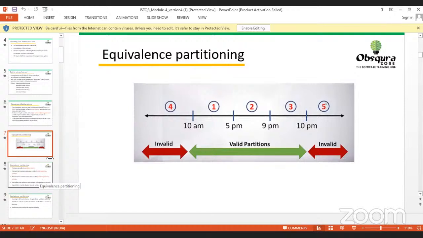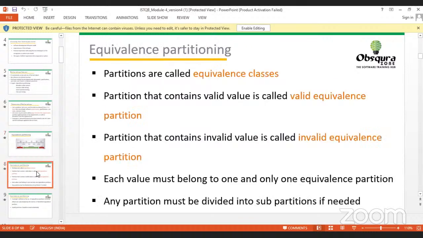So what will be the coverage? As we have mentioned, 2 by 5. Yes, 2 by 5, correct, Aishwarya. That is how we calculate the coverage.